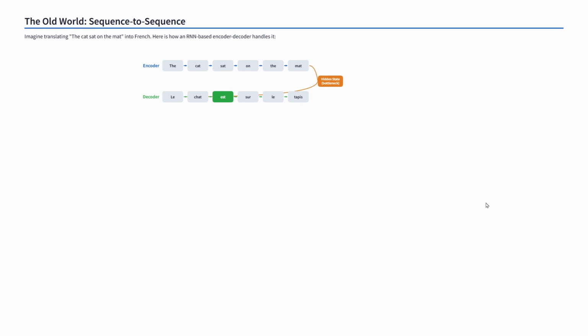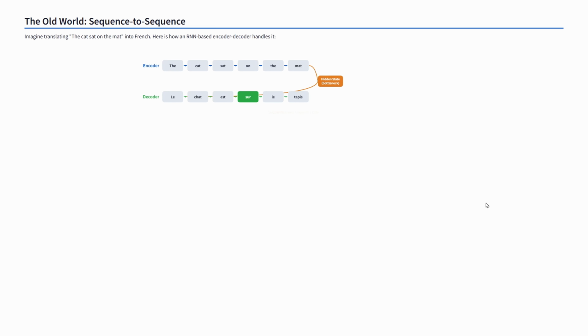So let's go back to how things worked before. Imagine you are translating "the cat sat on the mat" into French. The model that dominated this task before, let's say 2017, was called a sequence to sequence model, and it had two parts. You can watch the animation here.